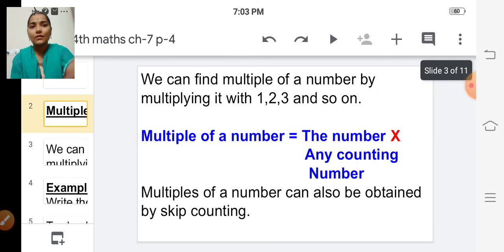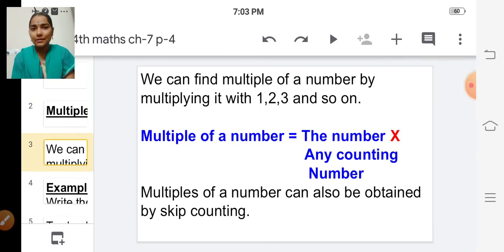So how to find this multiple for a given number?